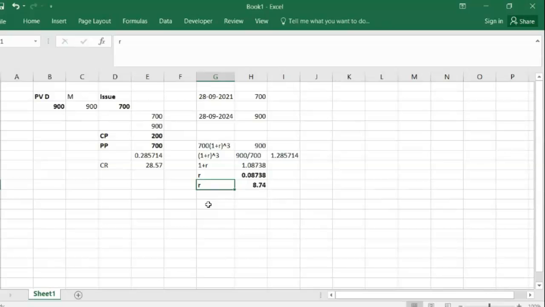So the power 3 is taken, and the value is exactly 900 rupees. So 700 multiplied by 1 plus r to the power 3 is equal to 900 rupees.